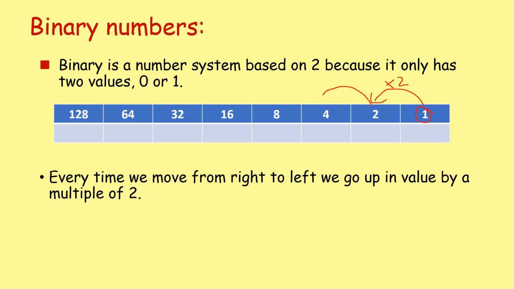Then if we jump again, we get to the 4s, again going up by a multiple of 2. Then we have 8, then 16, 32, 64, and then 128. That's if we're looking at an 8-bit number. Obviously, we could continue that. The next one would be 256, then 512, then 1024, and so on and so forth.